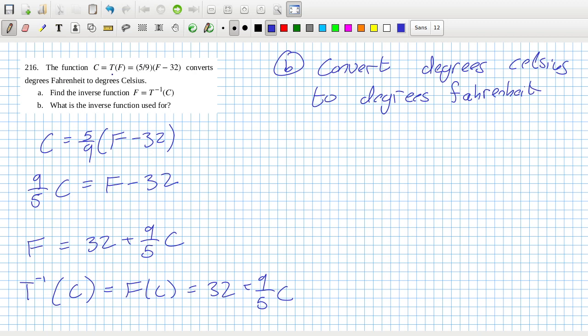Because the T function here, that's Fahrenheit to Celsius. That's this function here. It's Fahrenheit to Celsius. So then the T inverse function, which they're calling FC, that would be Celsius to Fahrenheit.